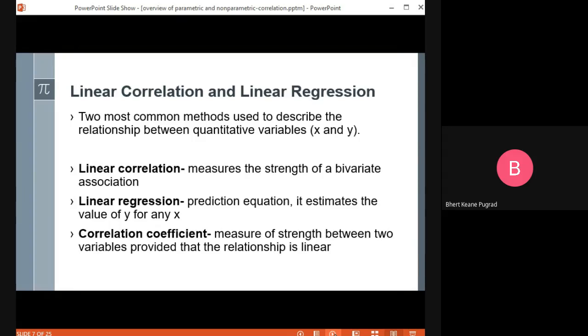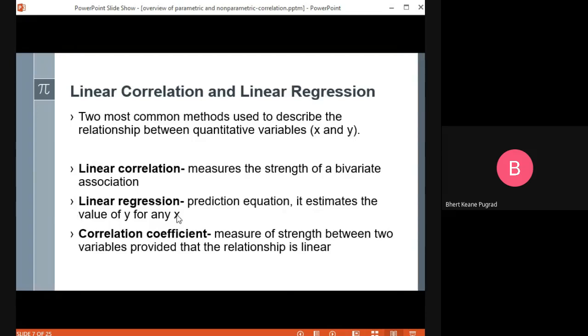What's the relationship between the anxiety level of students and their performance or their scores? Under this, we have linear correlation, linear regression, and the correlation coefficient. Linear correlation measures the strength of bivariate association. When we say bivariate, we have two variables. What's the relationship between the value of X and the value of Y?